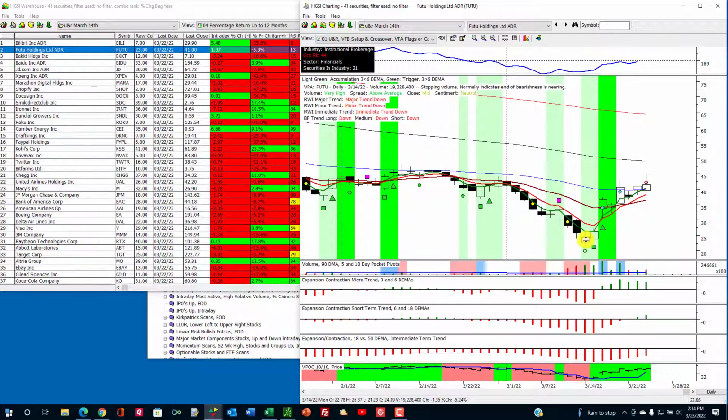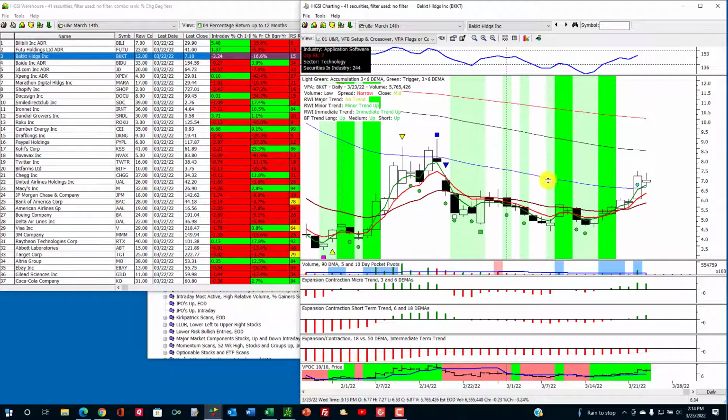This is the 14th. This is the day it was appearing in this group. Now, if you didn't buy it this day, and I didn't, I am testing this, and I was very leery of this market at the time, but that really resulted in a very big move up on this day.